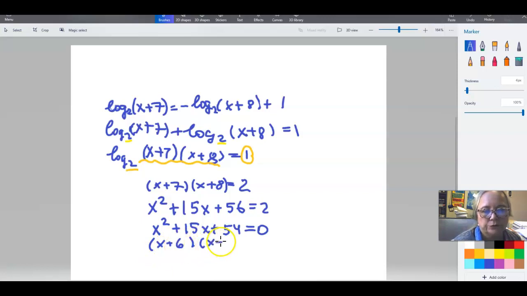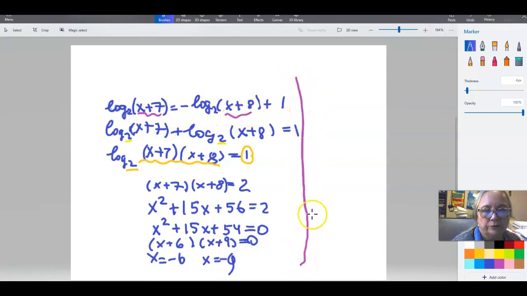So once you solve the quadratic equation, you get two solutions of the quadratic equation, not the logarithmic yet. Because to make sure that these numbers are solutions of the logarithmic equation, you have to make sure that x plus 7 and x plus 8 are in the domain of the function log to the base 2 of x.